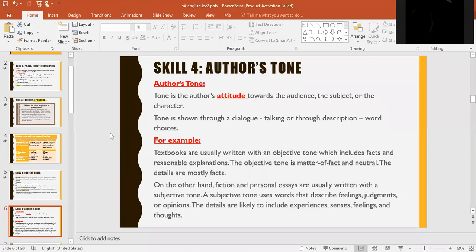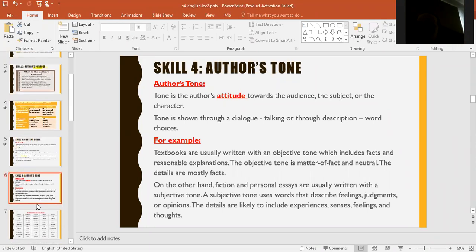I mean by that, from the words that the author chooses, from a certain dialogue, the way the characters are talking, you can guess the author's tone. Sometimes it seems that he's angry, sometimes critical, sometimes funny, sometimes excited. All of these are tones. So the tone is mostly the feeling or the attitude of the author.